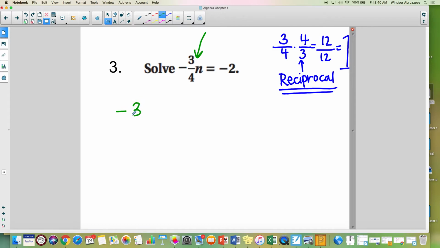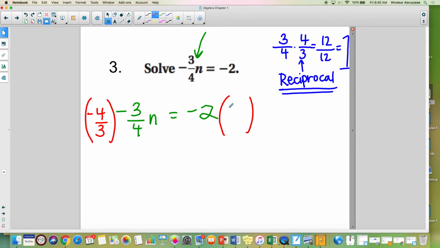So I'm just going to rewrite my original equation. To eliminate negative 3/4, what is the reciprocal, the flip? Negative 4/3. But if I multiply the left side of the equation by negative 4/3, I have to multiply the right side by negative 4/3.